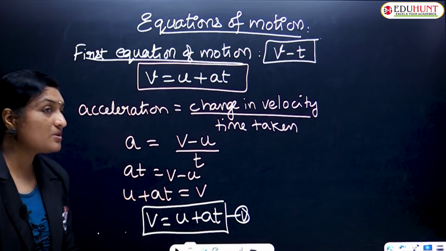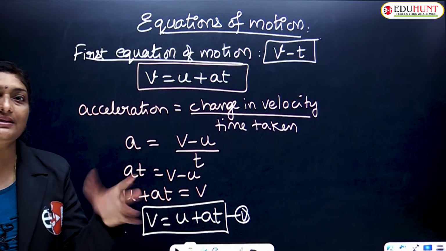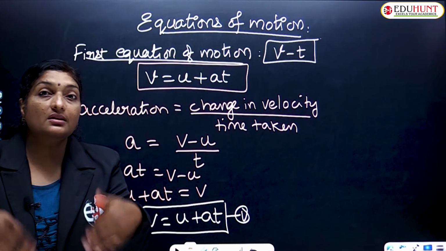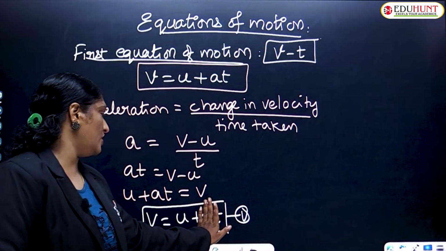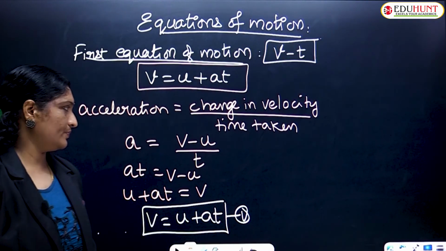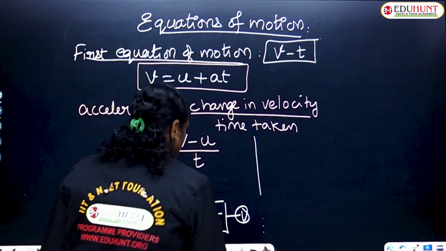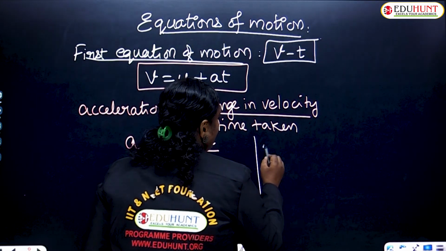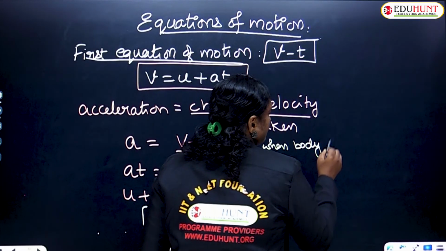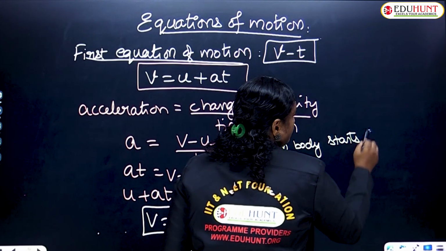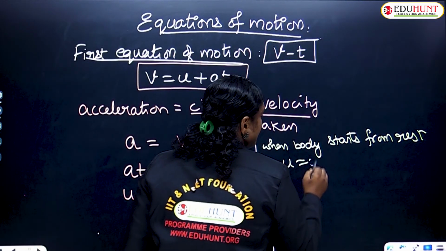Okay, children. Suppose the body is moving with uniform velocity. Uniform velocity means no acceleration, that is a equals 0, then v is equal to u. So, two cases I told you. Case 1: whenever the body starts from rest, you have u equal to 0.